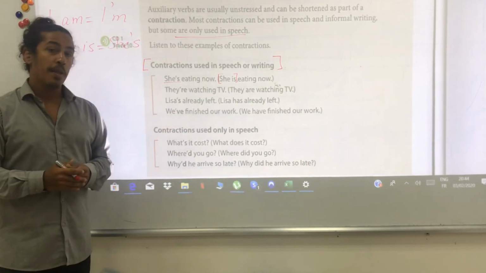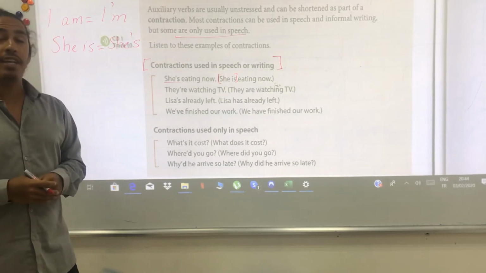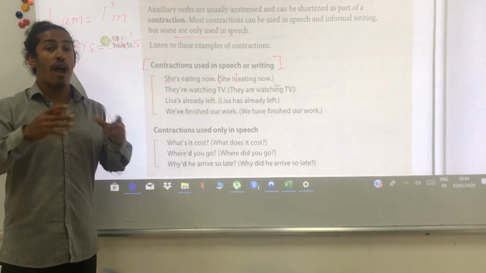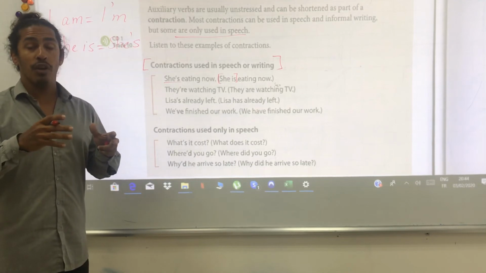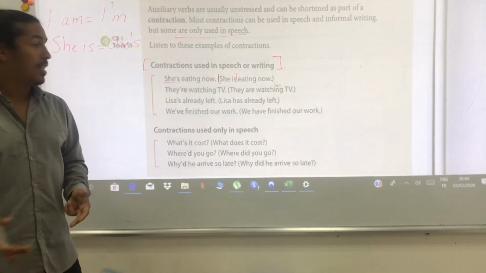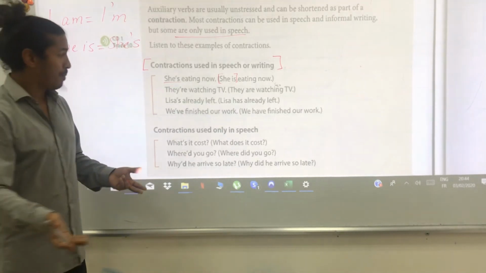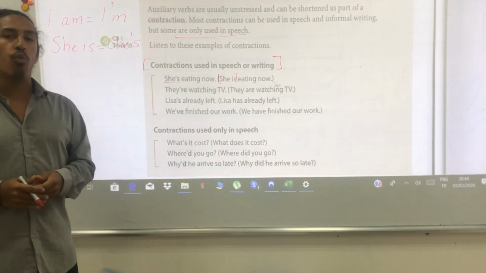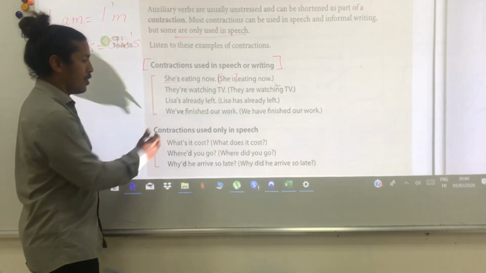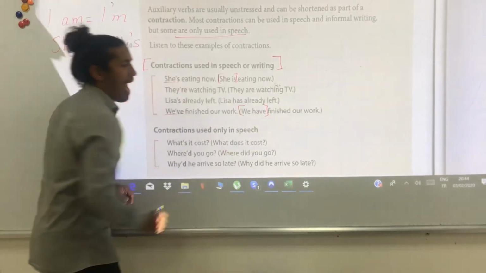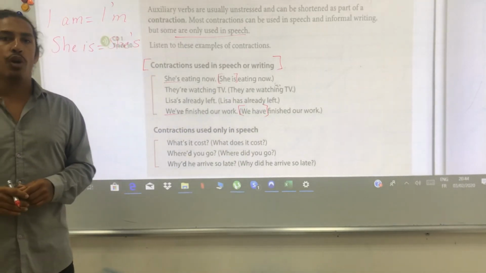Next one, Lisa's already left. Lisa's, the contraction is for Lisa has. Lisa has already left. Lisa's already left. Next one, we've finished our work. We've, contraction for we have finished our work.